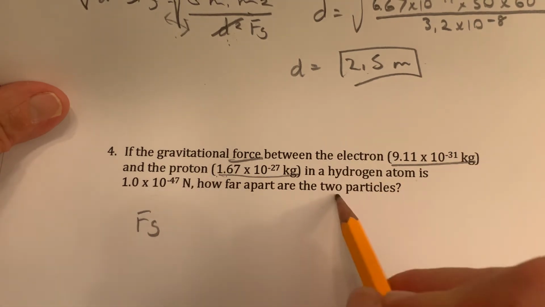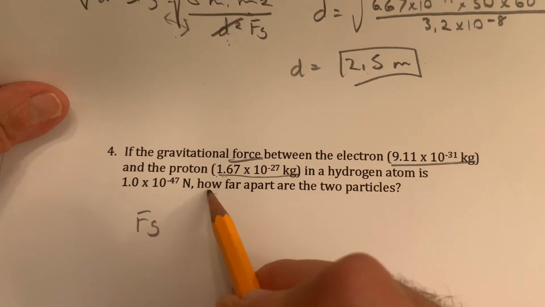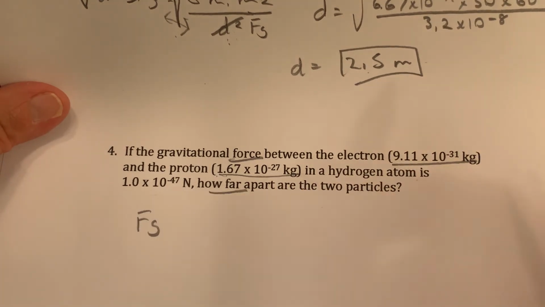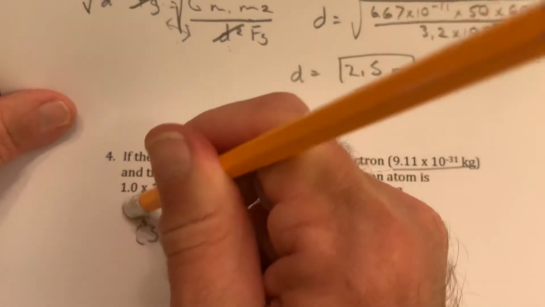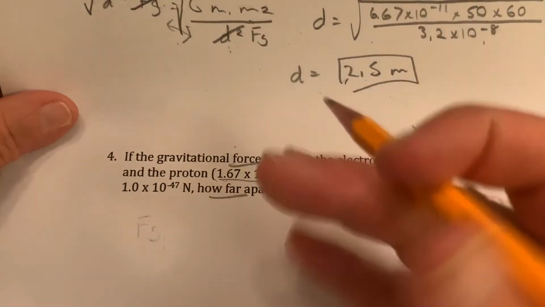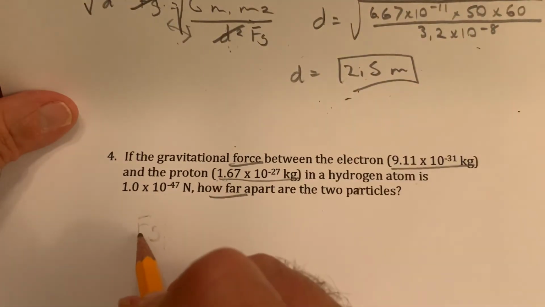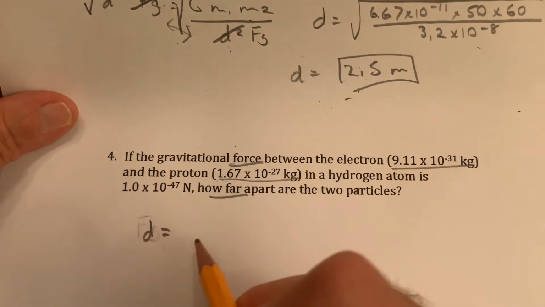So you could probably think with all these small numbers, we're probably going to have a distance that's really small. So we're looking for distance just like the last problem. So I'm just going to copy what we used before.